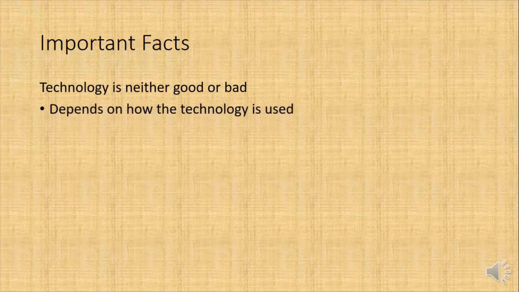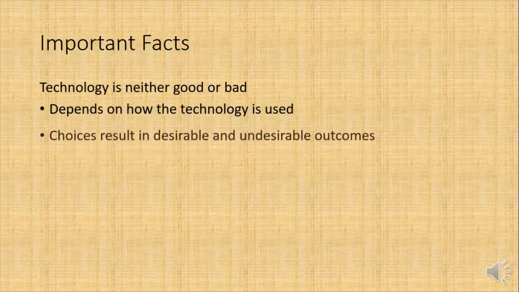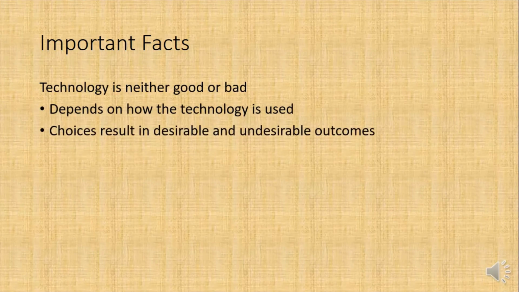We also need to understand that choices result in desirable and undesirable outcomes. When we are creating technology, there are going to be desirable and undesirable outcomes. Please make sure that you jot this down and make a mental note of this. For example, when we created cars, many people were like, this is so excellent.